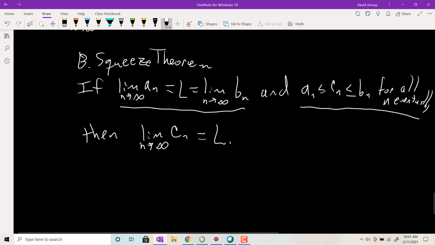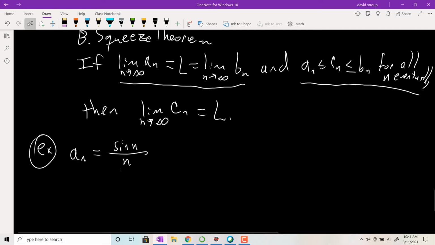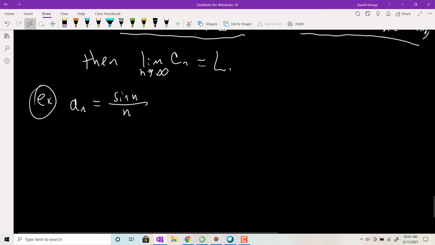So if you have something like this example, a sub n equals sine of n all over n, you can force that to go to 0 because you note that sine of x is less than or equal to 1 and greater than or equal to -1.